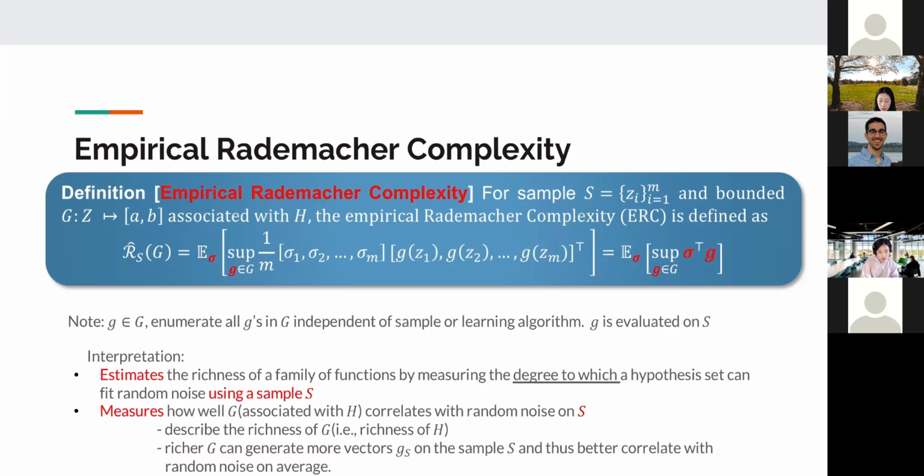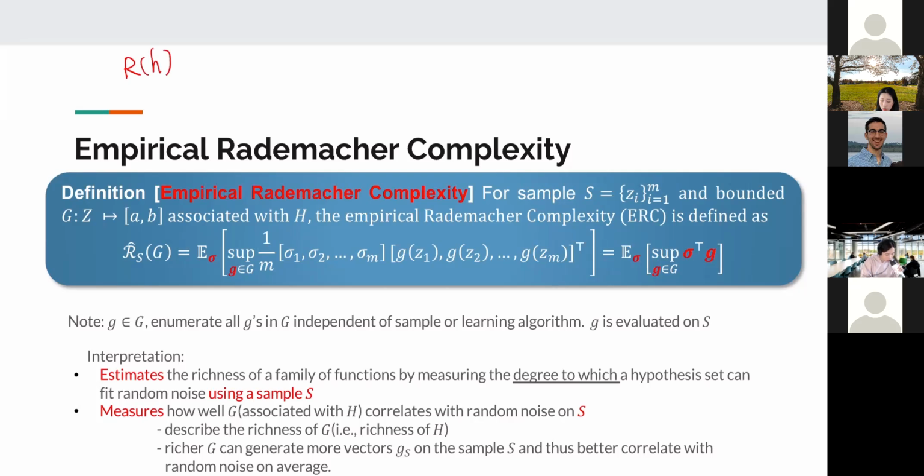It is denoted as the hat of the calligraphic R, and it's not the capital R. For notation purposes, please distinguish this from the capital R. The capital R of H is just like the true error, the generalization error, whereas the calligraphic R is the Rademacher complexity.